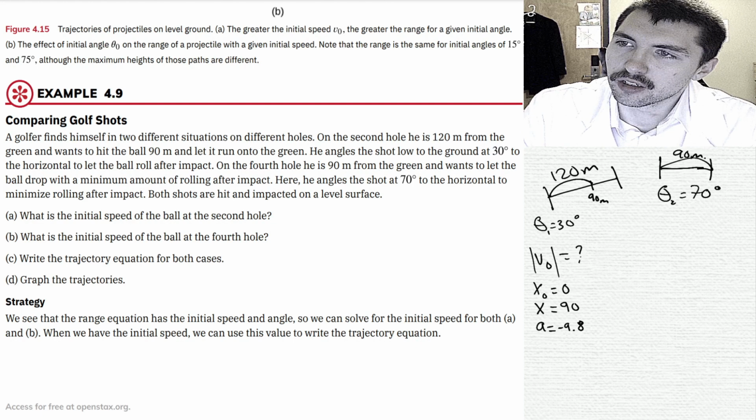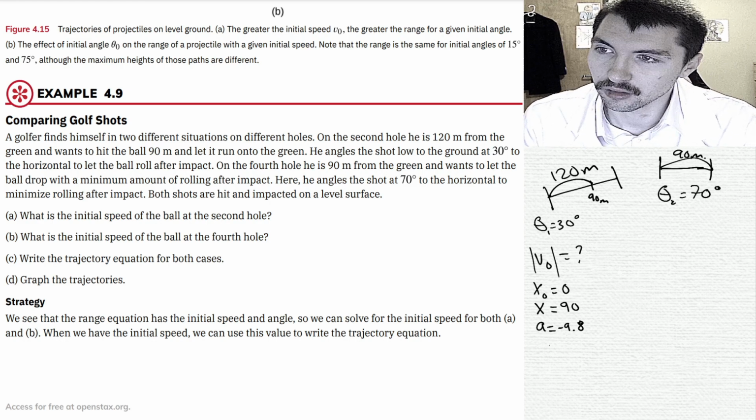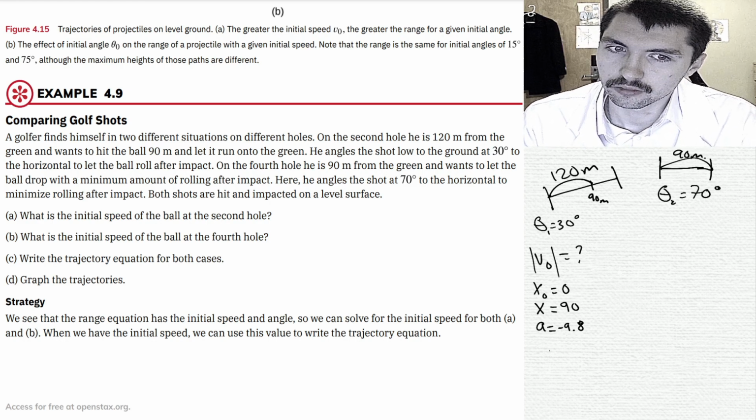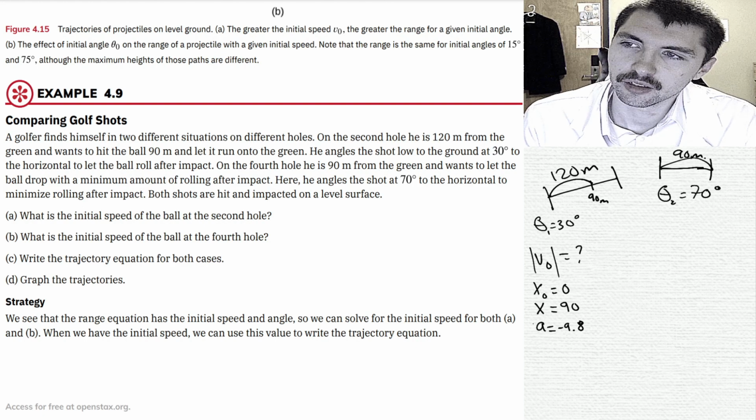Okay, we know V naught. I'm thinking we would use V naught times cosine.